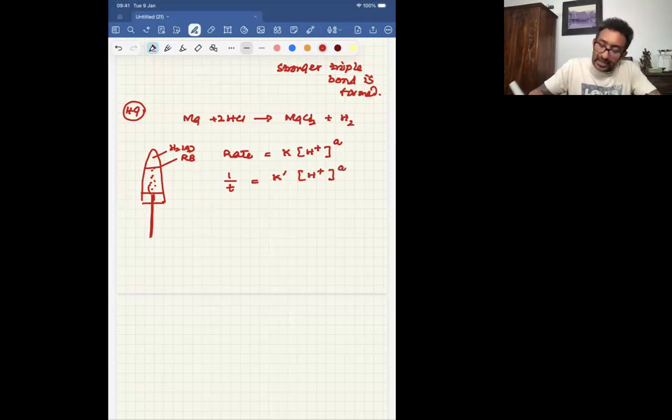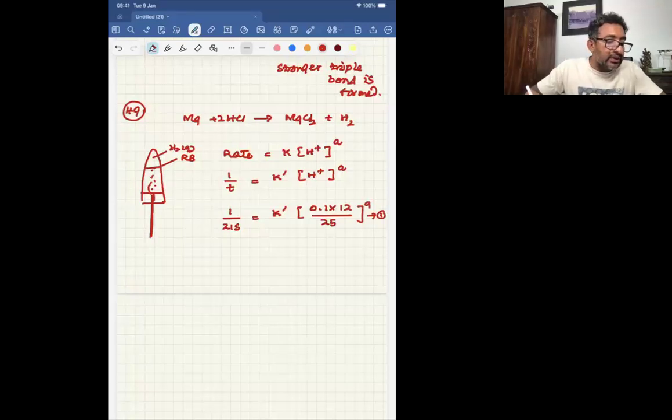So the first one is 1 over 21 seconds equal to k' times 0.1 times 12 divided by 25, where overall volume is 25. That is equation 1. Second one: 1 over 16.6 seconds is equal to k' times 0.1 times 20 divided by 25.